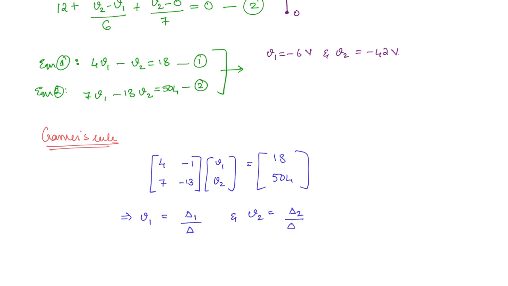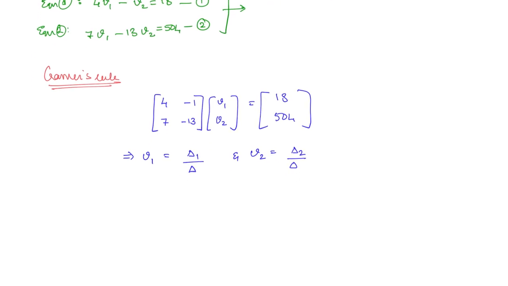What is delta? Delta is nothing but the determinant of the coefficient matrix. So delta is the determinant of 4, minus 1, 7, minus 13.